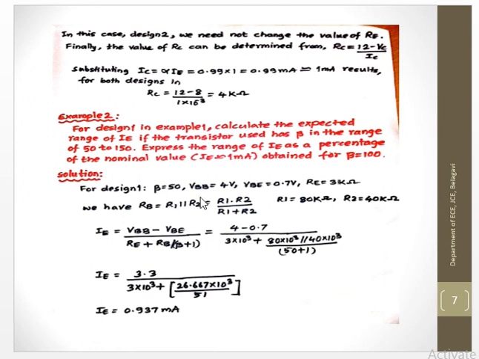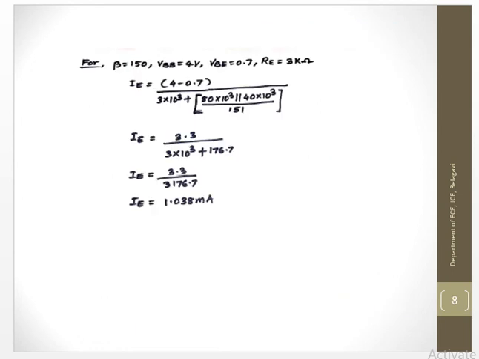In the same design 1, if you substitute a beta value of 150, with the RE value we assumed, 3 kilo ohm, a standard resistor, you can calculate the IE value with beta 150.